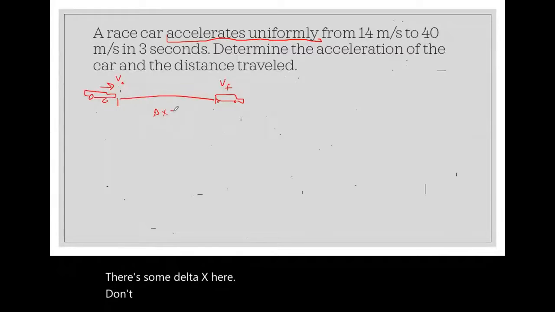Don't know what that is, but you know the time is 3 seconds. Okay, well there's our picture. Some people are more visual. Sometimes having a picture just helps people get it down on paper and helps them in their mind. So we got all that.